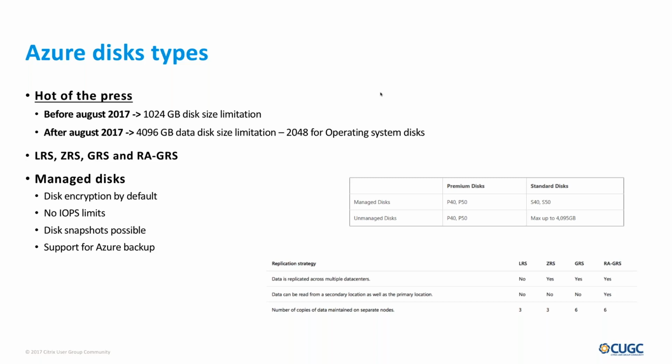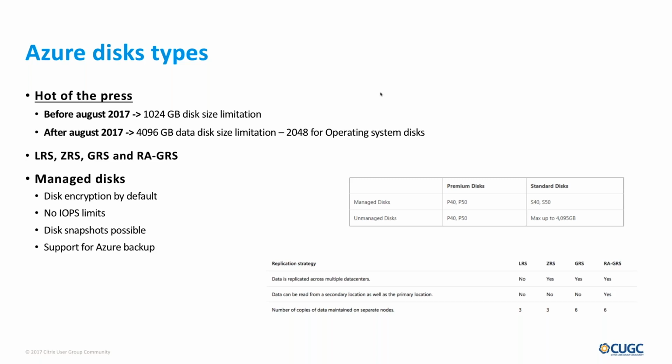You also have GRS, the geo-redundant replication service, which stands for geographically. Another zone in the world where a Microsoft Azure data center is active is used to replicate your virtual machine data to, and in that geographic data center the data is also replicated 3 times locally.